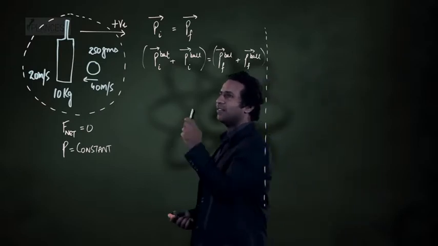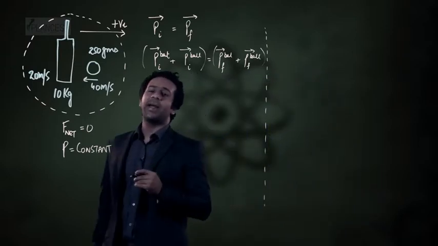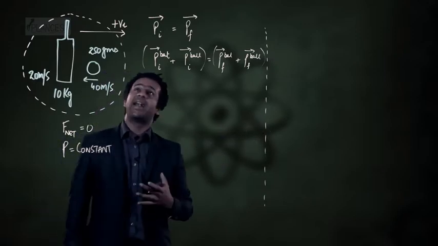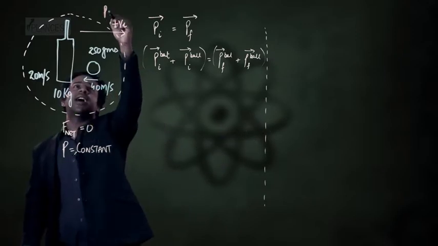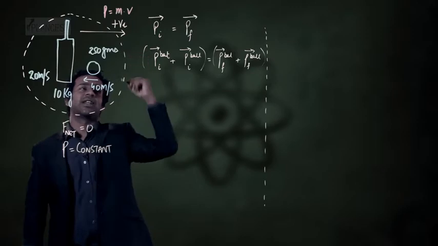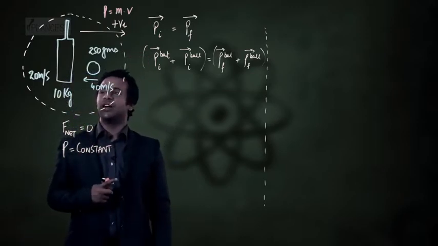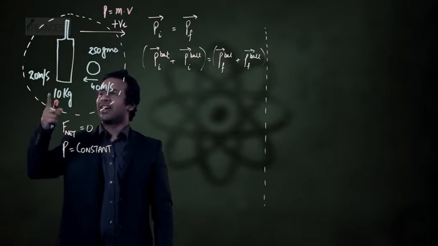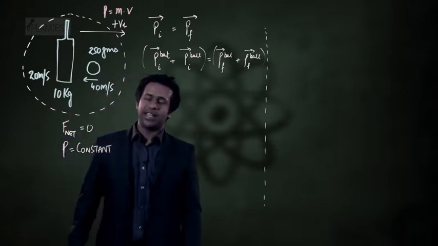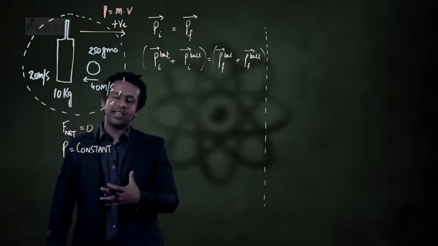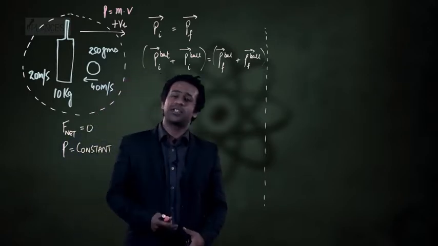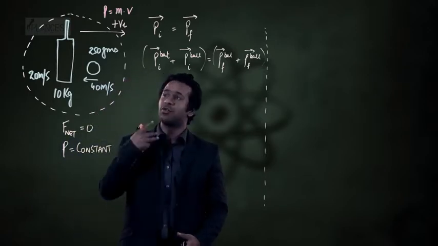Let's look at the first term, which is the initial momentum of the bat. Momentum, we know, is defined as mass times velocity. So let's look at the initial velocity of the bat. We know that its magnitude is 20 meters per second, and obviously the swing of the bat must be opposite to the direction of movement of the ball.